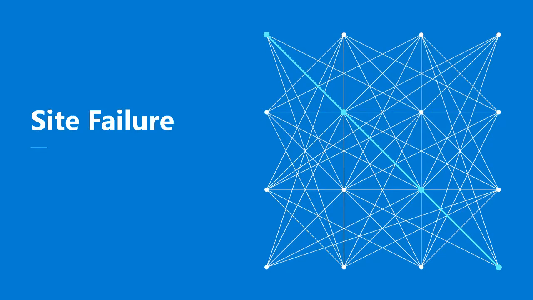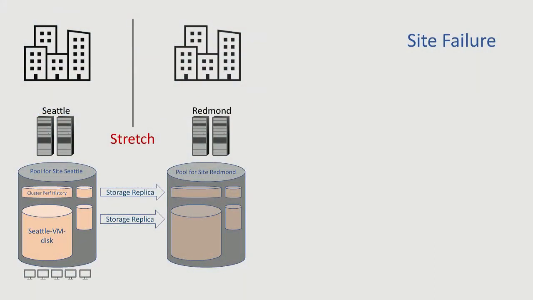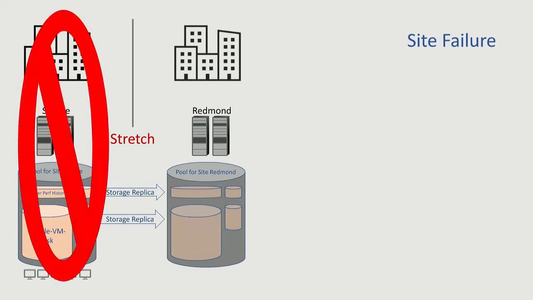Now, from a site failure, automatic failovers. I've got my site, Seattle. It's running VMs. Everything is replicating to Redmond. My Seattle site goes down.